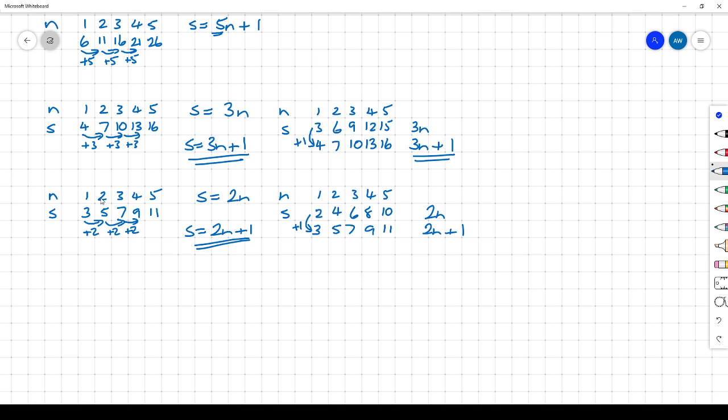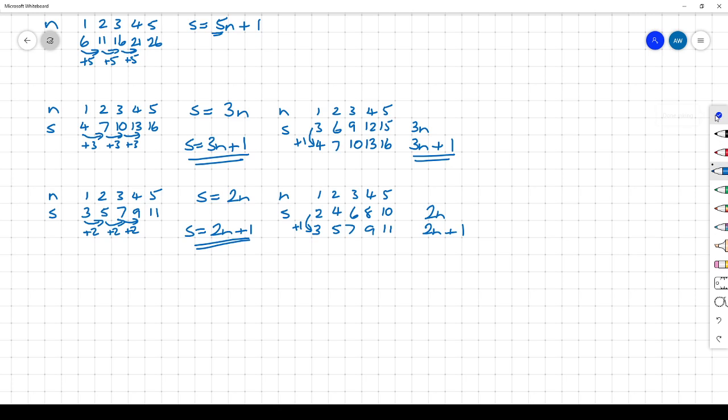If you want the second term in the sequence, you put n equal to 2. 2 2s are 4 plus 1 is 5. Third term, 2 3s are 6 plus 1 is 7. Fourth term, 2 4s are 8 plus 1 is 9. Fifth term, 2 5s are 10 plus 1 is 11. So that is what I need you to be able to do: find the nth term formula that makes a sequence if I give you the sequence.